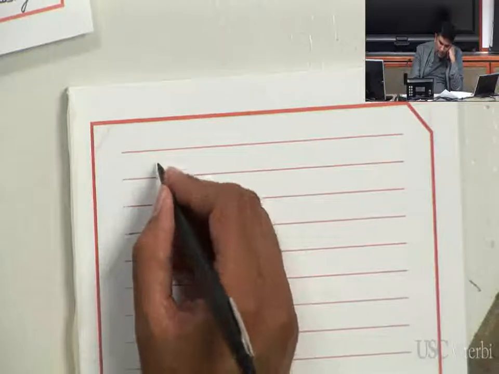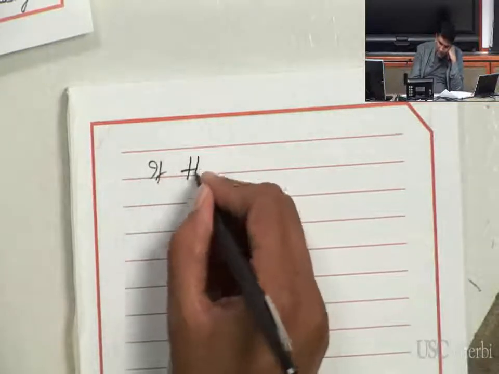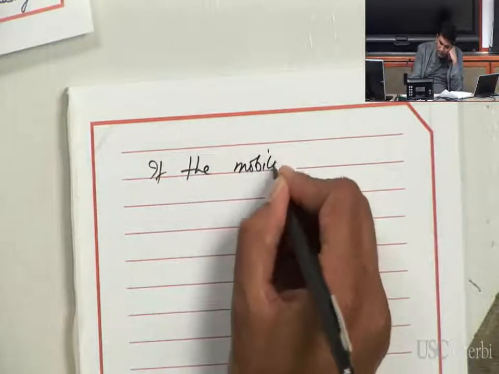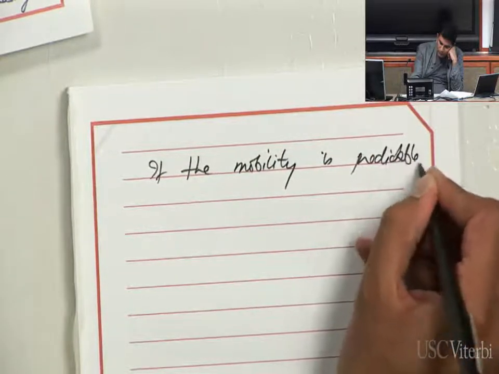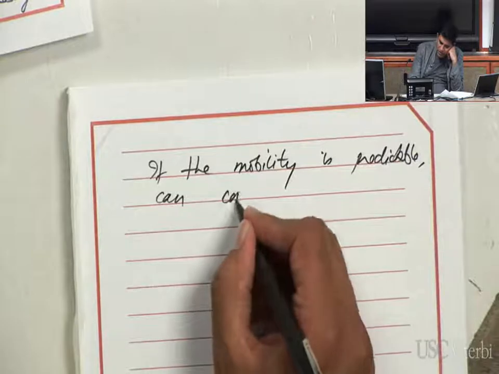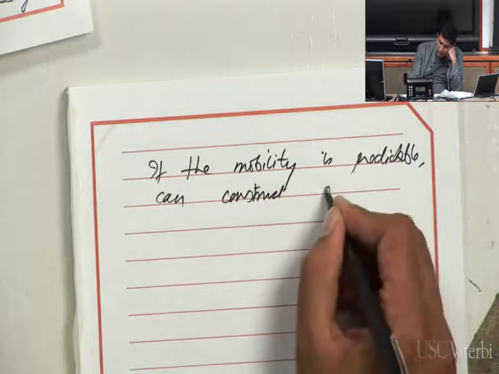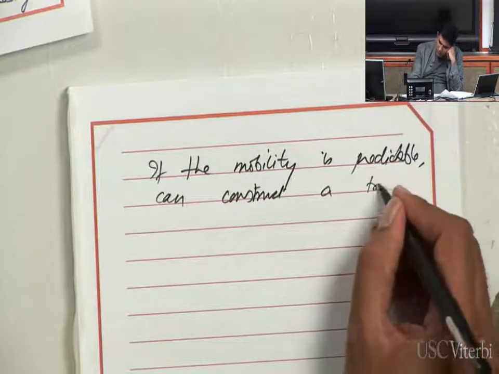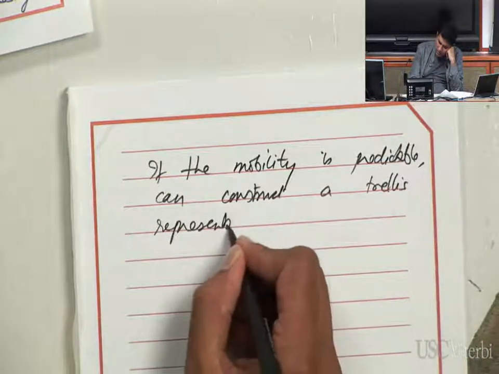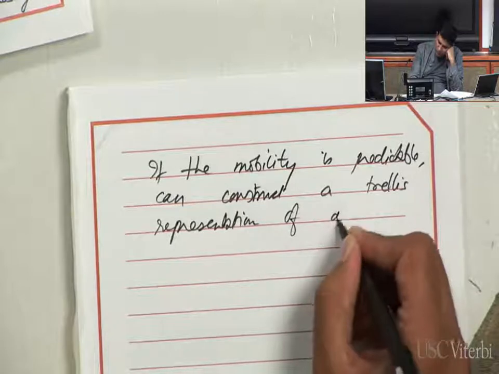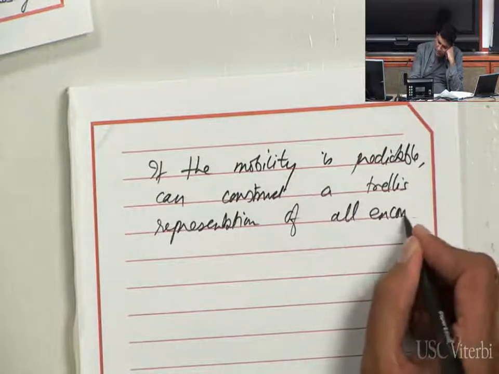So we talked about if the mobility is predictable, we can construct a trellis representation of all encounters.